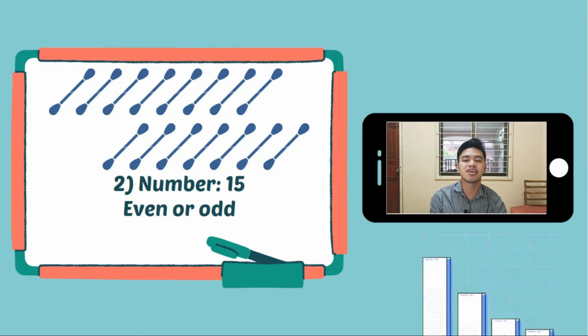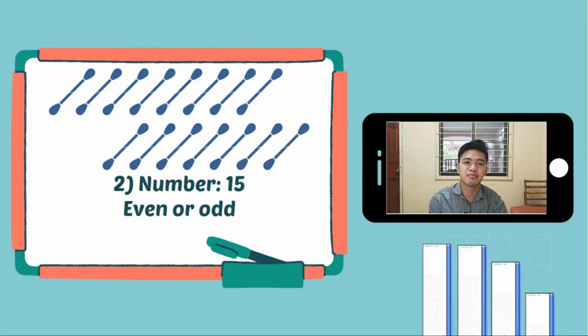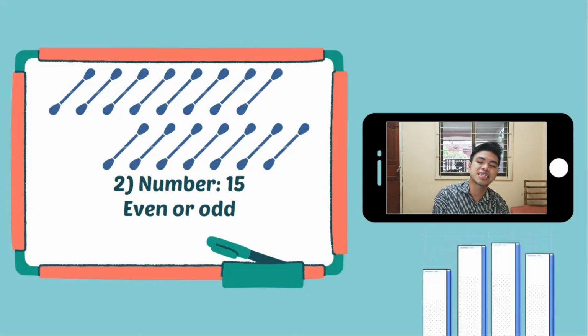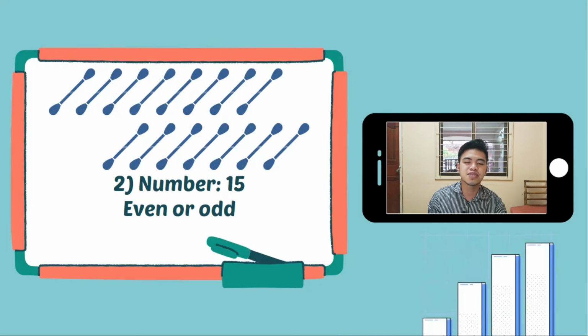In finding out if a number is even or odd, we are going to divide it by 2, and if there's a remainder, that is an odd number. And if there's no remainder, that is an even number. Okay, so let's divide 15 by 2. So 15 divided by 2 will be 7, but there's a remainder of 1. Okay, so this means that 15 is an odd number.